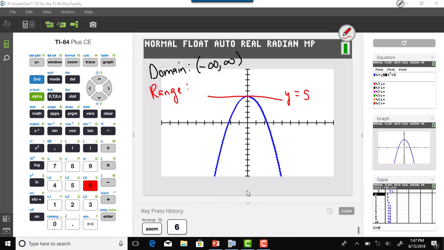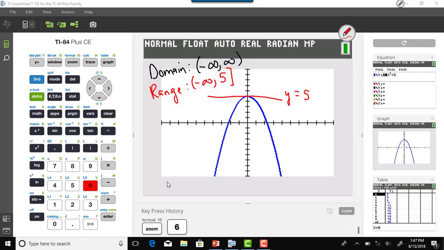So if I were going to write this from smallest to largest value, I would say my range is from negative infinity all the way up to where it tops out at positive 5, and it never goes above 5. So my range would be from negative infinity to 5. Now I want to include the 5, and since I want to include the 5, I'm going to use a bracket at that 5.